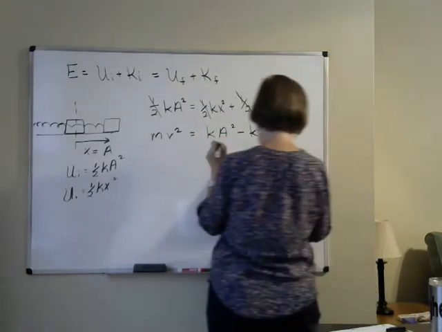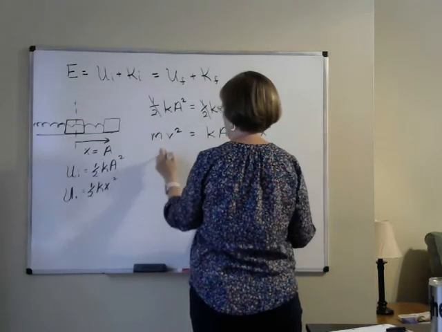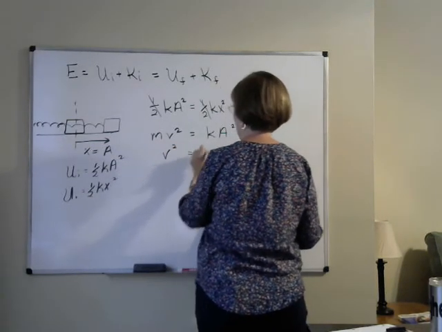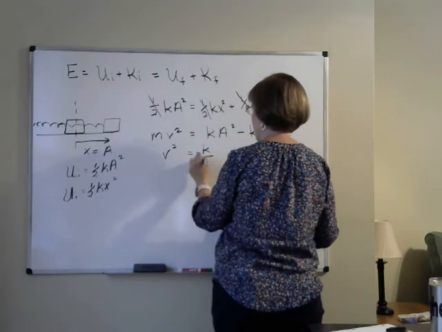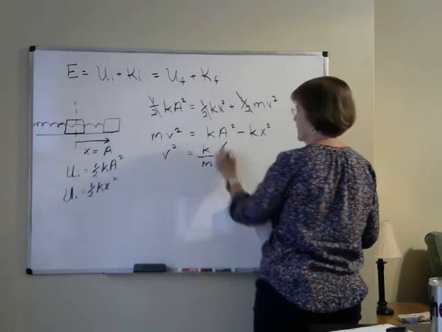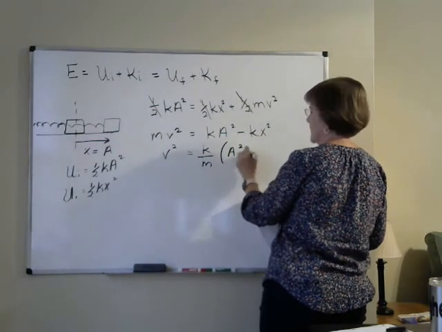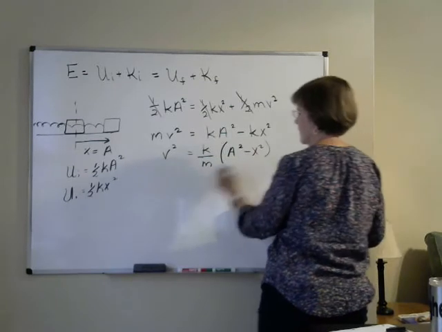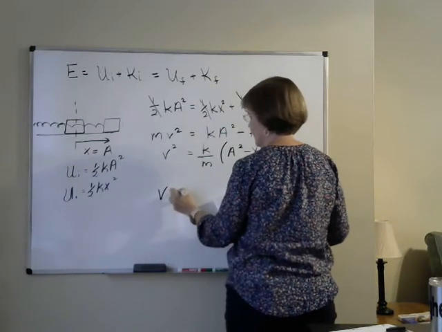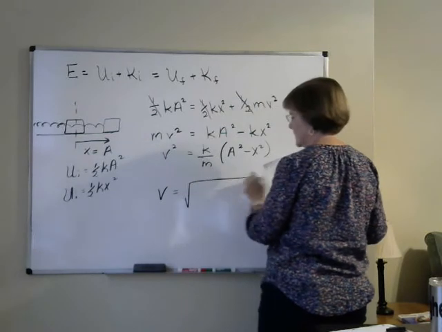If I divide by m, I get k over m, and I'm going to factor that k out: a squared minus x squared, so the speed at any particular time is given by this expression.